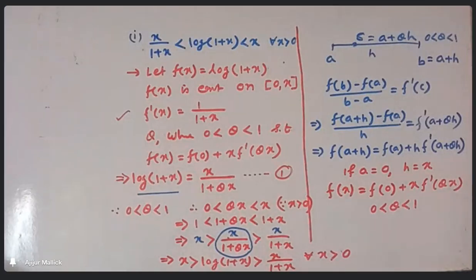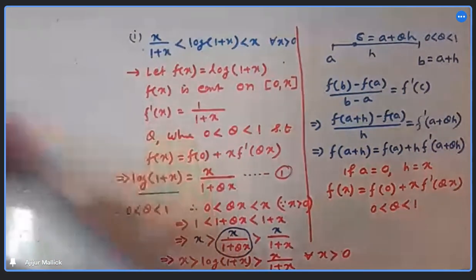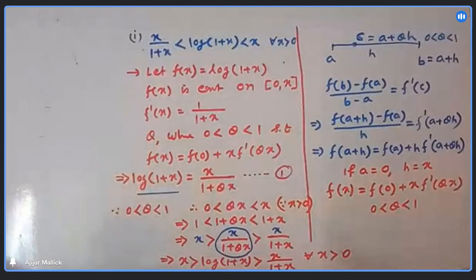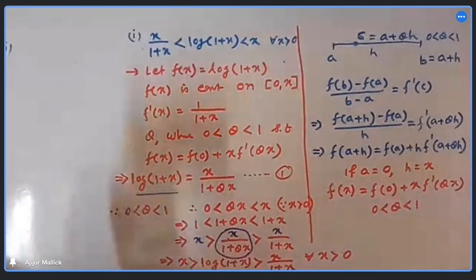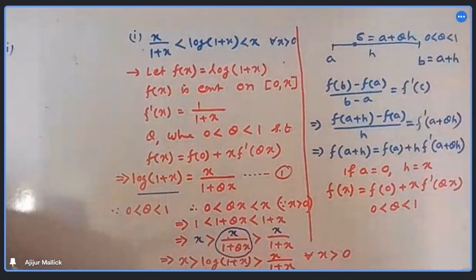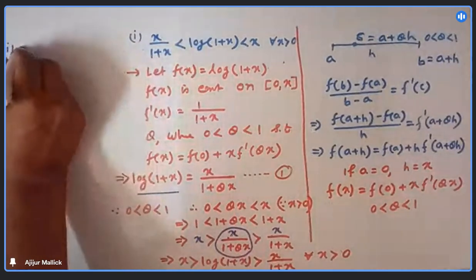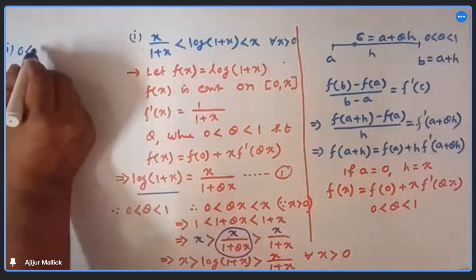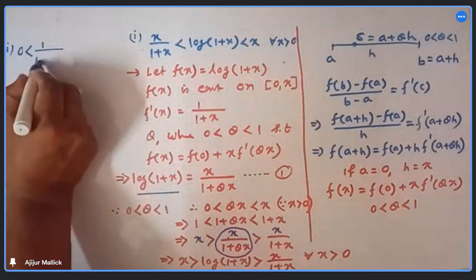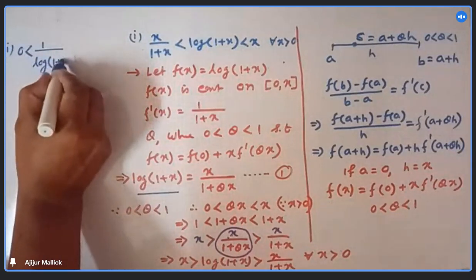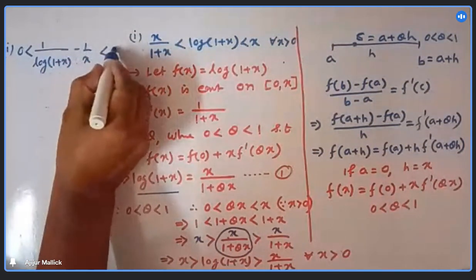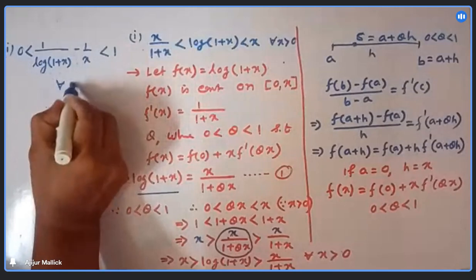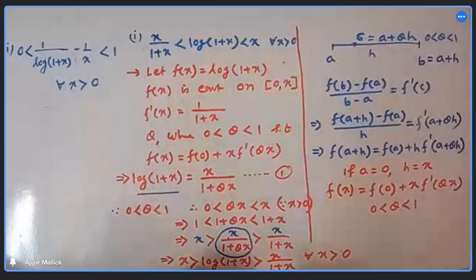Next question, number two. The second question is this: 0 is less than 1 divided by log of (1 plus x) minus 1 by x, which is less than 1, for all x greater than 0.